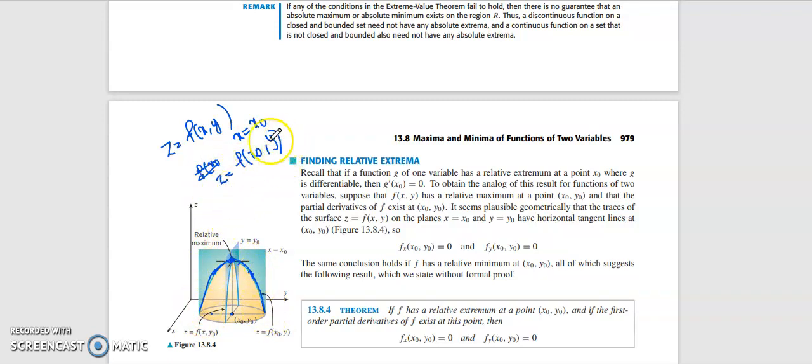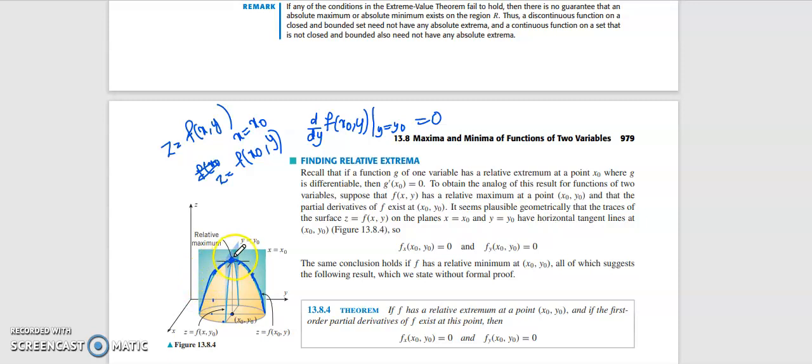Now if you look at this curve at y equal to y0, it has a maximum value. Since there is a maximum at y equal to y0, when you take d by dy of f of x0 y, at y equal to y0 that derivative must be equal to 0. That is by the first derivative test.